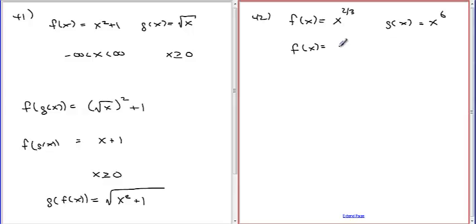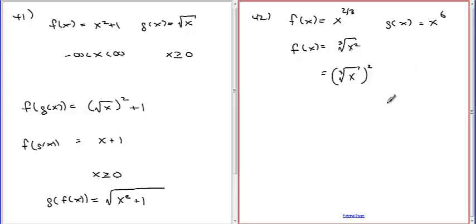It's going to be the cube root of x squared. Think of it like that, or you can think of it as the cube root of x, quantity squared. So those are two ways of representing that.